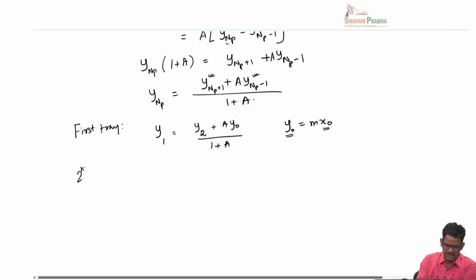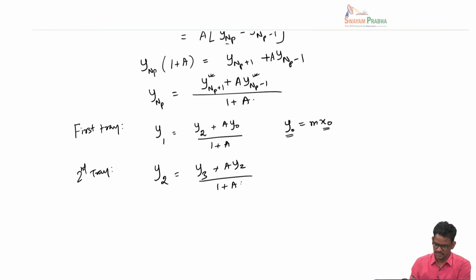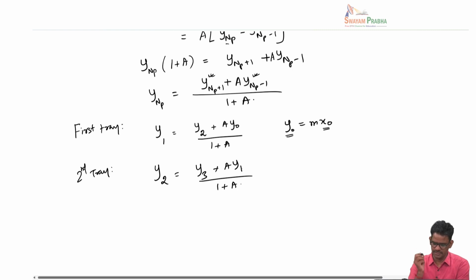And then if you look at the second tray, you can say Y2 is equal to Y3 plus A Y1 by 1 plus A, yes, this must be A Y1. So the composition at the second tray Y2, the one that leaves the second tray, is related to Y3 and Y1 through this absorption factor.